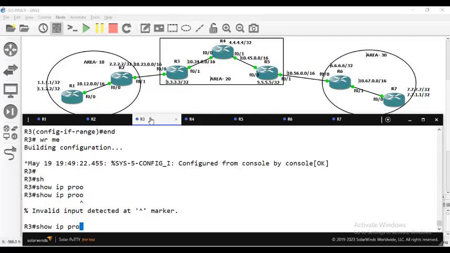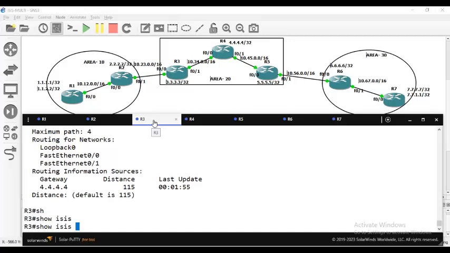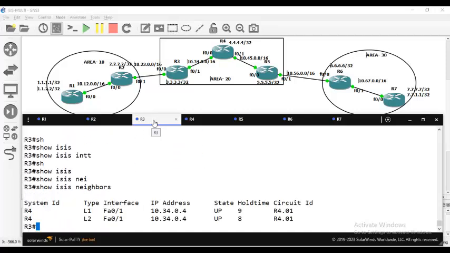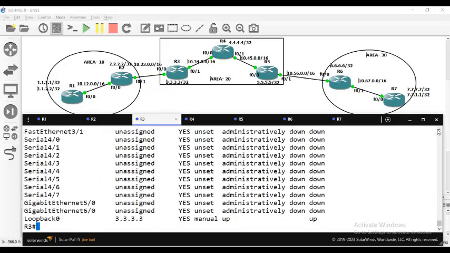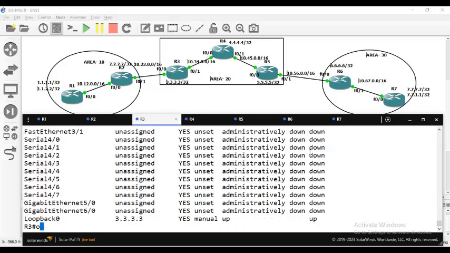On router 3, oh, look at this. So this will be the problem on every router then. See, this also got only one neighbor, which means... and on R5 also the same problem.